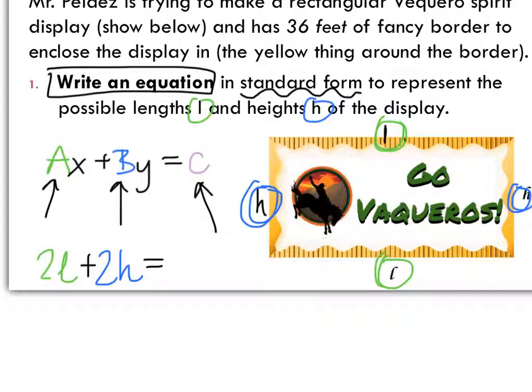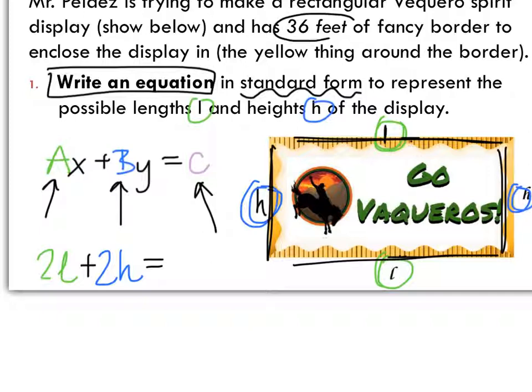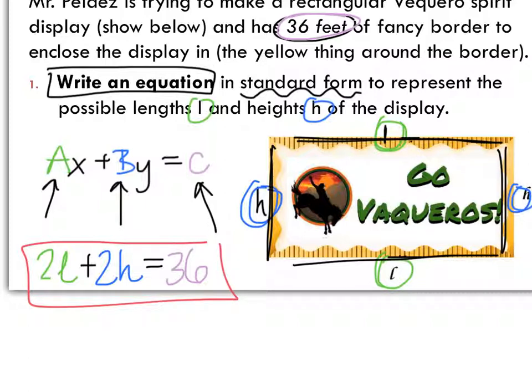We know that the length of these two sides, this side and this side, plus the length of this side and this side has to equal 36. So 36 is our C. And that's it. That's actually our solution: 2L plus 2H equals 36. You might actually want to write it using x and y, so you can say 2x plus 2y equals 36.